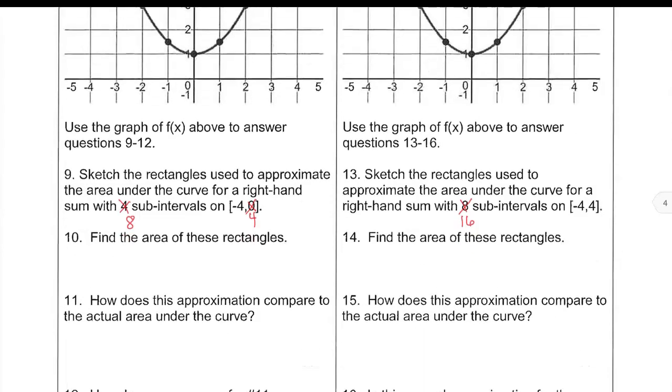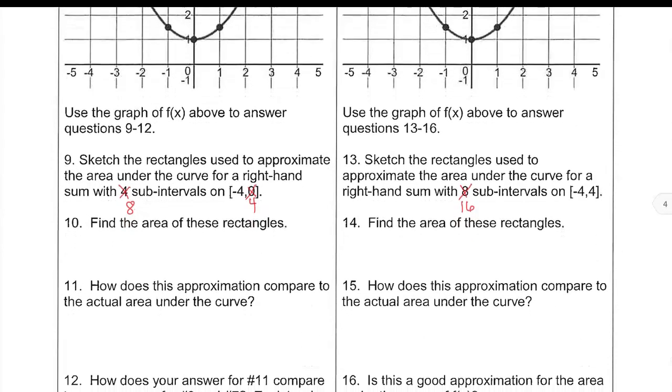So I'm going to ask you to pause the video, sketch your 8 rectangles from -4 to +4, and you're going to do it with right-hand rectangles. Calculate your area, and then do the same thing for 16 rectangles on the same interval from -4 to 4. So pause the video, do your drawing and your calculation, and then turn the video back on to check your answer.